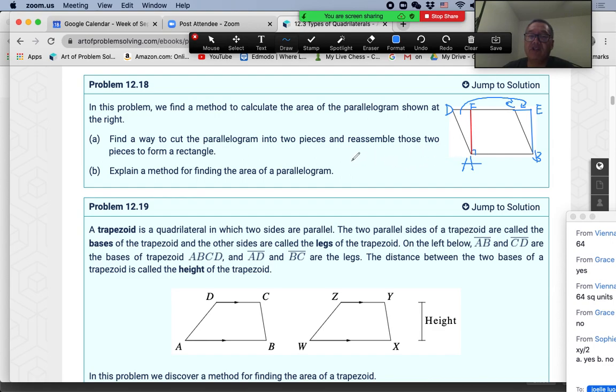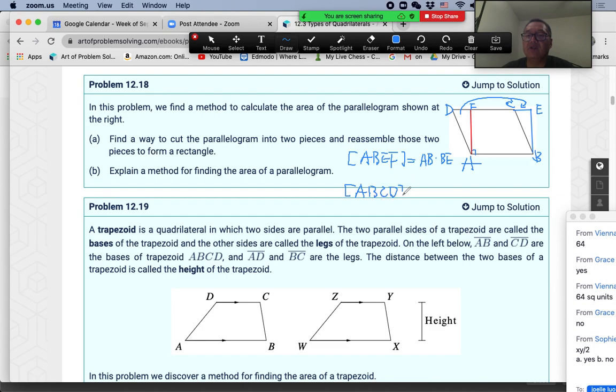So the area of this rectangle ABEF equals AB times BE, length times width, right? Suppose that's the length, this is the width. But this one is the altitude of the parallelogram, and it also equals the area of parallelogram ABCD.